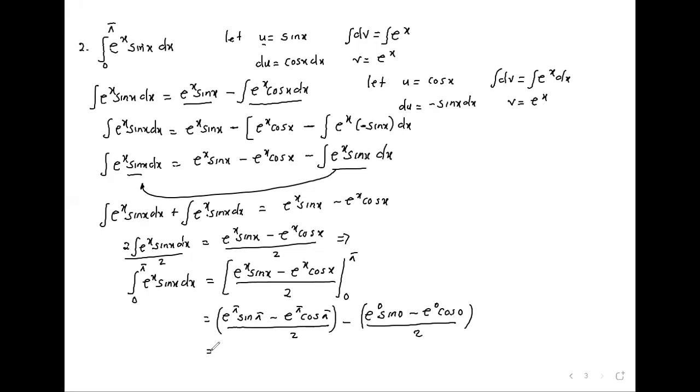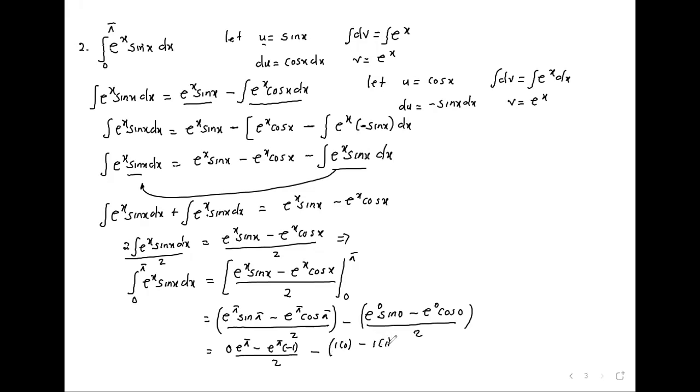This guy, sin pi is sin 180 degrees. Sin 180 is 0. So we have 0 times e^pi minus e^pi cos pi, cos 180 is negative 1, over 2 minus e^0 is 1. Sin 0 is 0, minus e^0 is 1.